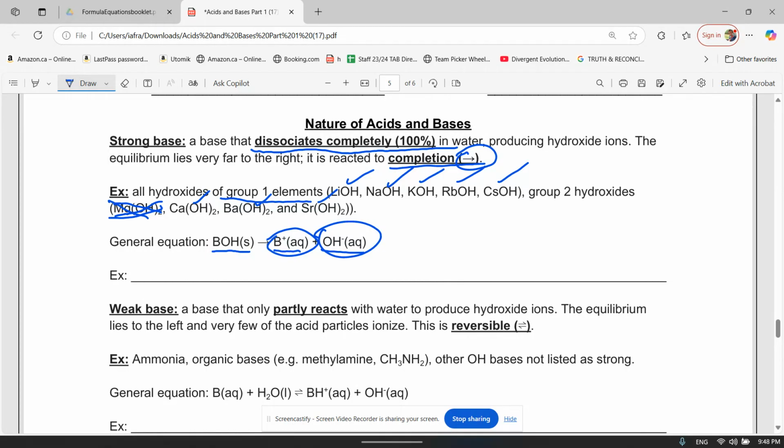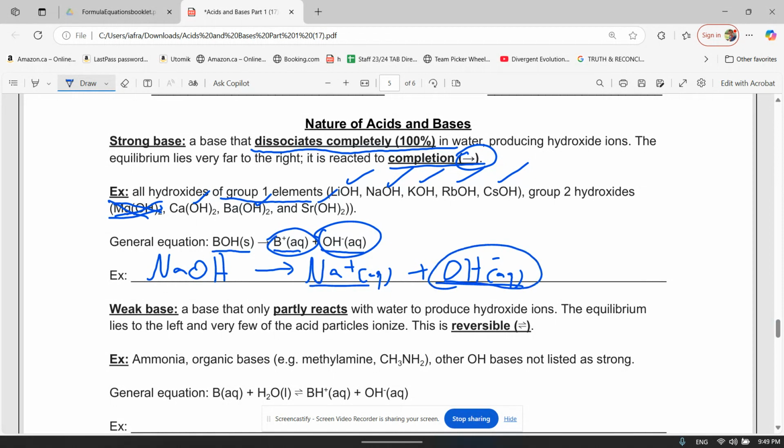So just an example of a strong base, if we had, let's say, NaOH, that's a strong base, and that goes into water. 100% of it will become Na plus aq, and then OH minus aq. That's 100%. All of it becomes the ions.